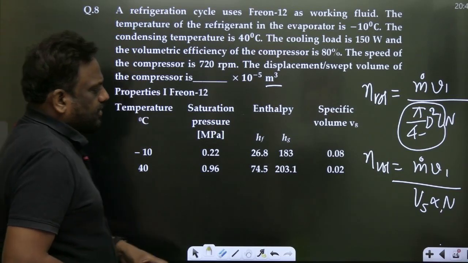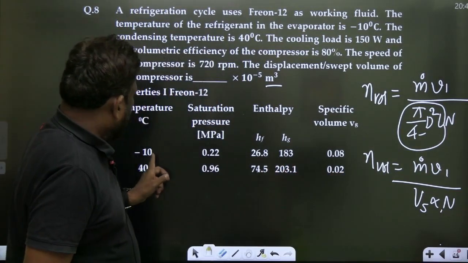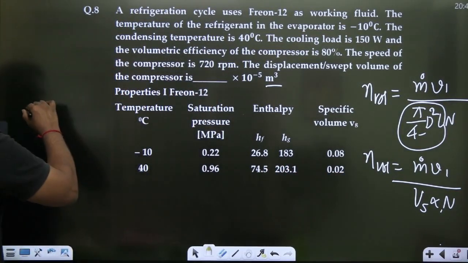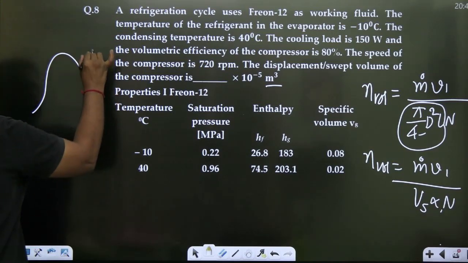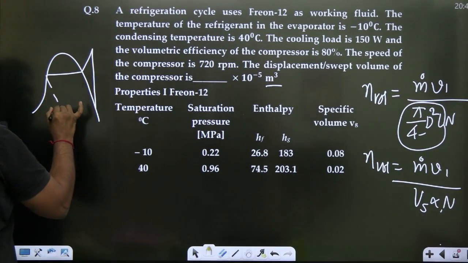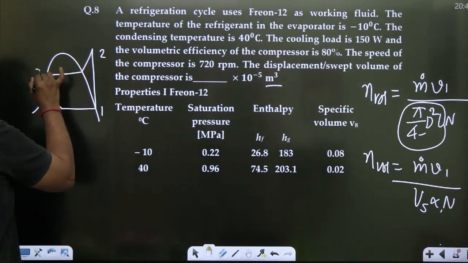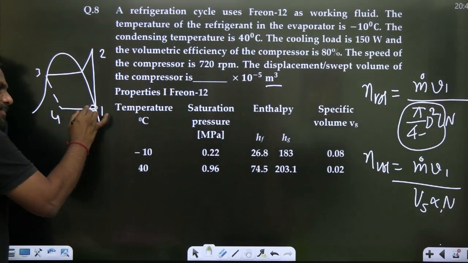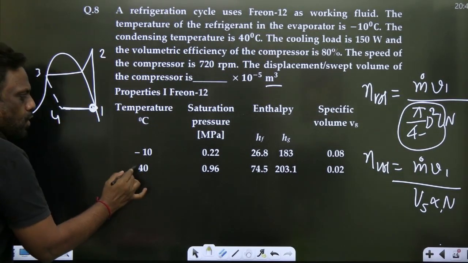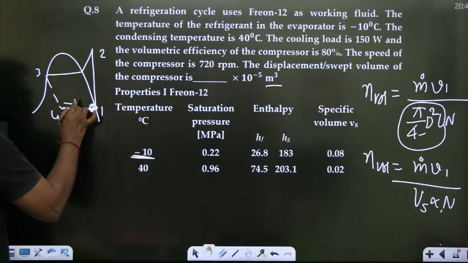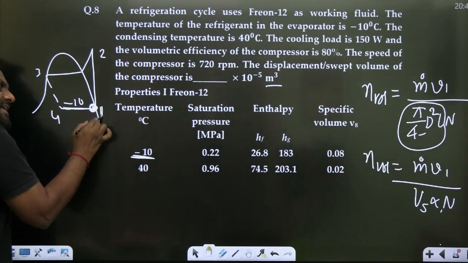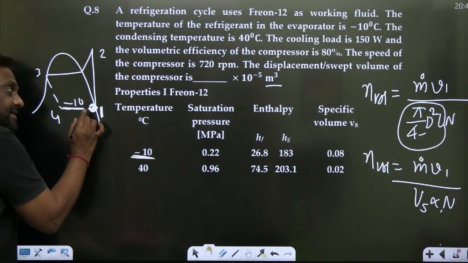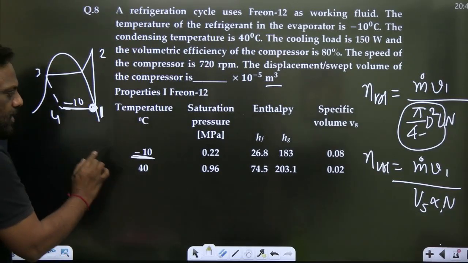But unfortunately, V1 is not known, sir. What is V1? Look, if you see the cycle of the vapor compression refrigeration system, 1, 2, 3, 4. At what point is the fluid entering the compressor? Point 1. Point 1 means it is at the lower temperature. This is the entry point. So at lower temperature, the vapor specific volume is V1.